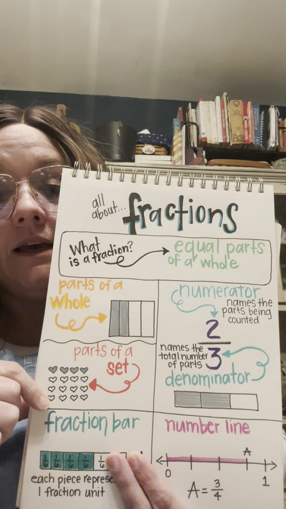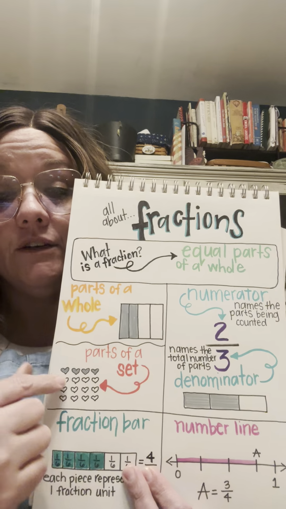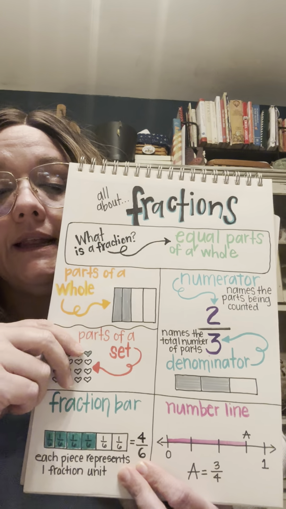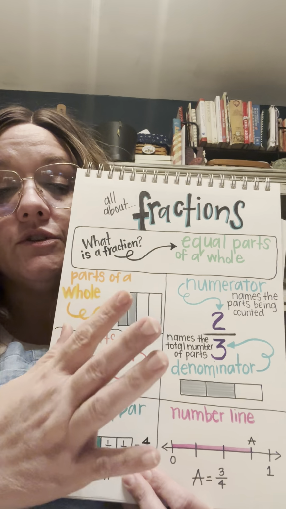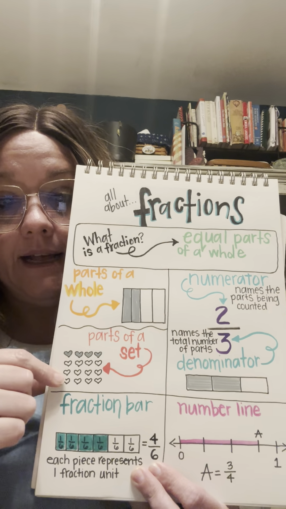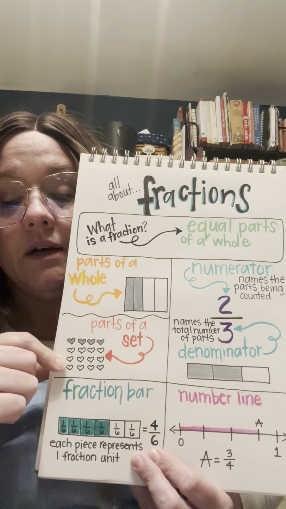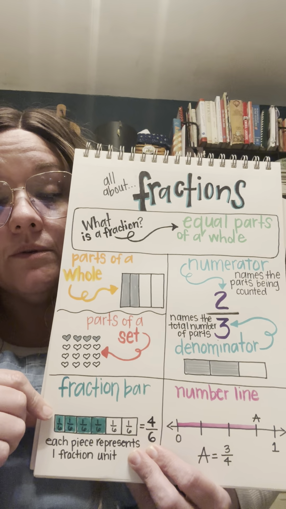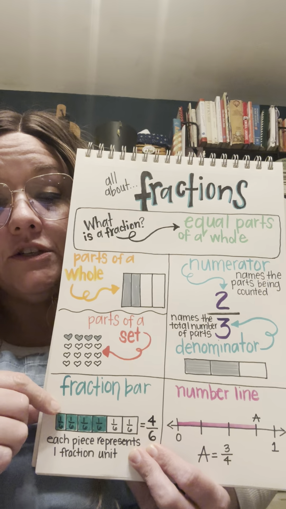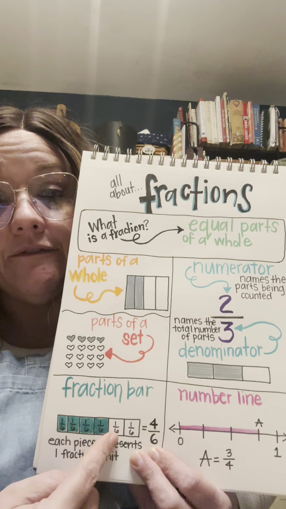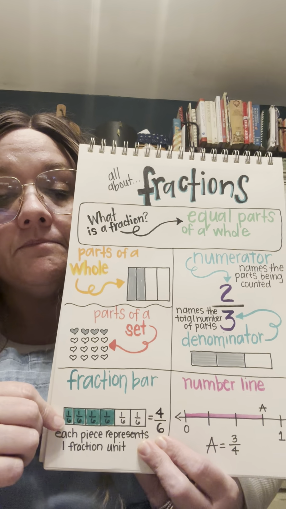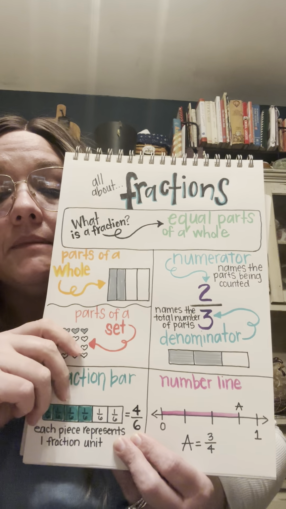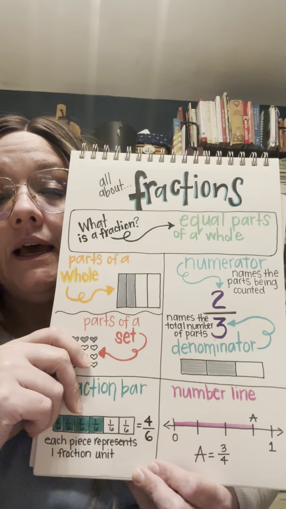So like parts of a whole and parts of a set, how that can still represent a fraction, even though it's not a rectangle or a circle. It still represents a fraction as parts of a set. And then we'll talk about the tools that we can use to measure, display and represent fractions, right? So a fraction bar, a number line. And so we'll talk about those as well.